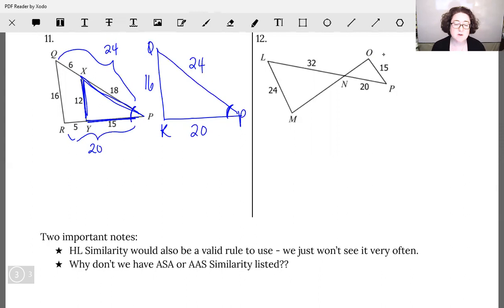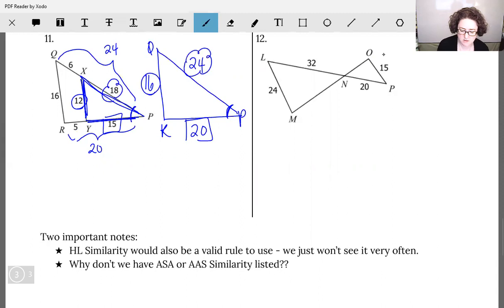However, because I was given all the sides, let's go ahead and check for SSS. Alrighty, so again, small to small, medium to medium, big to big.